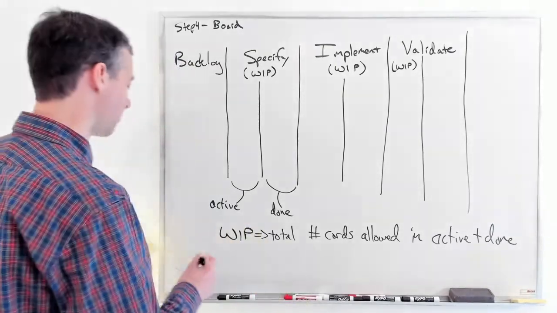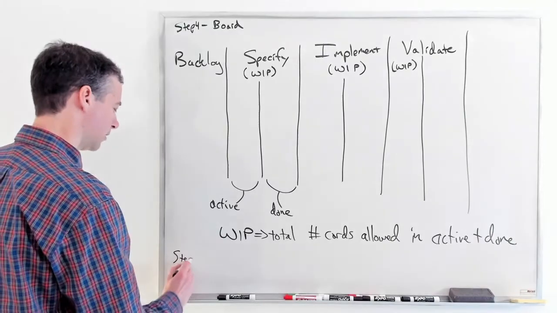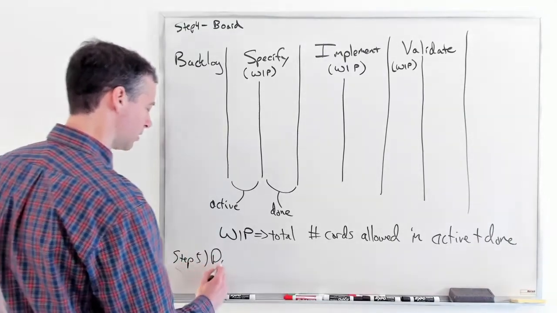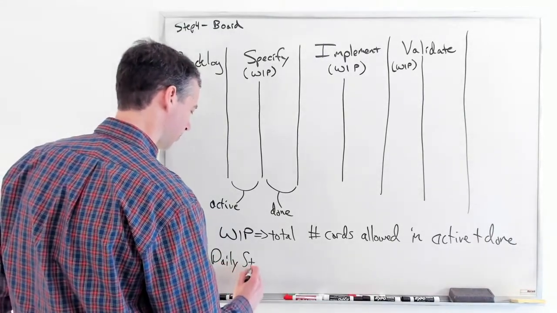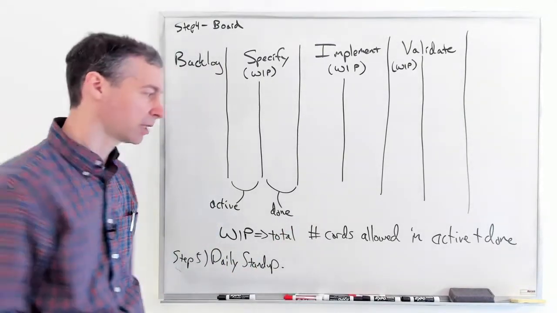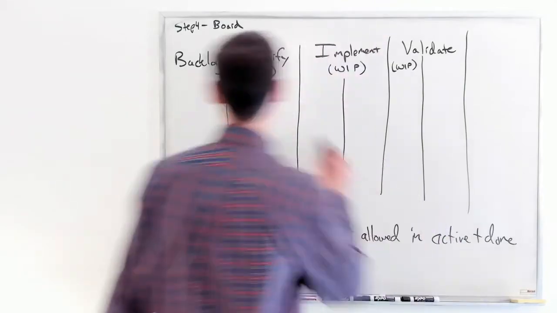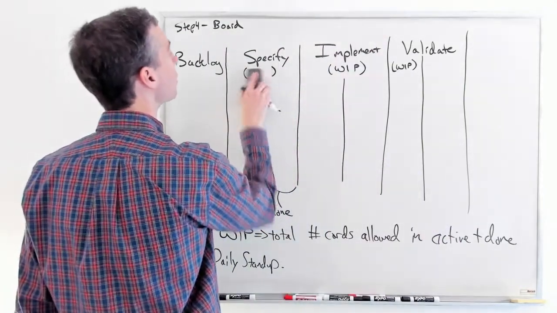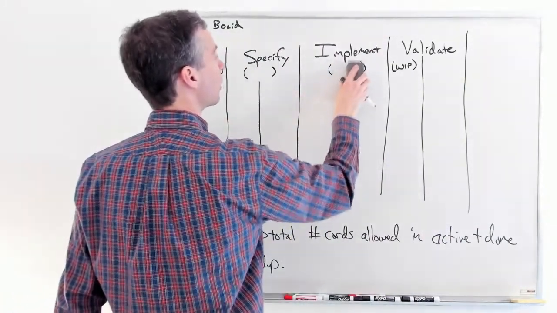What's step 5? Well, step 5 is your daily stand-up. All right, so let's see what this could look like. Let's make some examples here. We're going to take our work in progress.